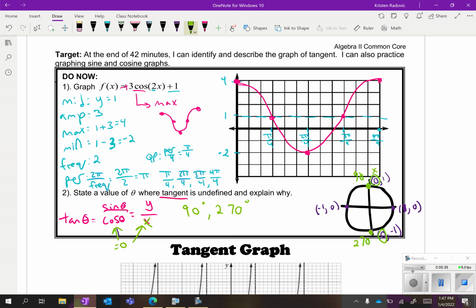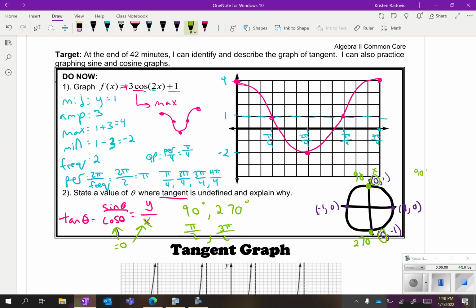Of course, if you were to use radians, 90 degrees is pi over 2, and 270 degrees is 3 pi over 2. You could also say negative 90, or negative pi over 2, or negative 270, negative 3 pi over 2. You could also include coterminal angles into this.